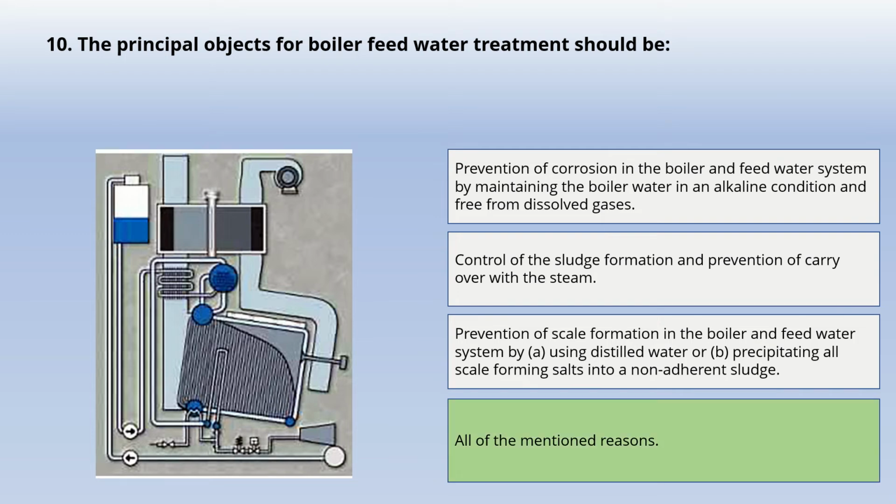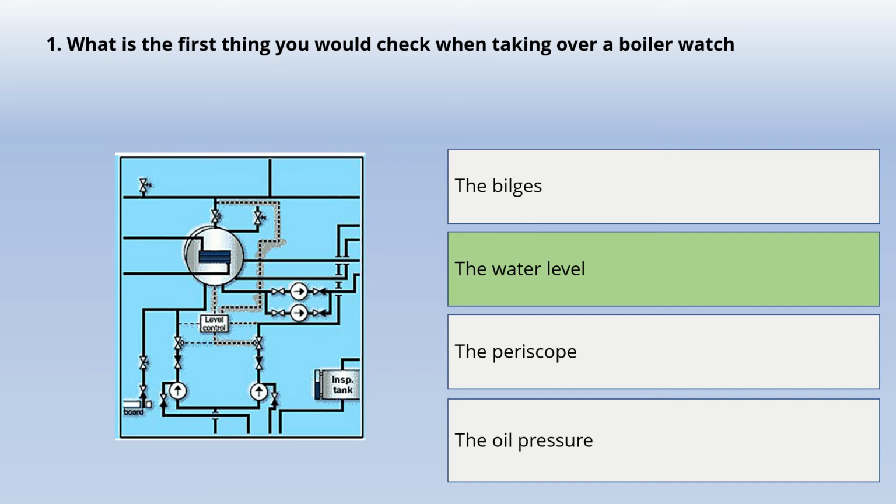And the correct option for this question is all of the mentioned region, in that all the other three options are correct. Now let's just summarize what we have studied in this video.